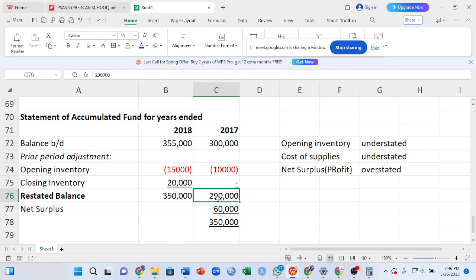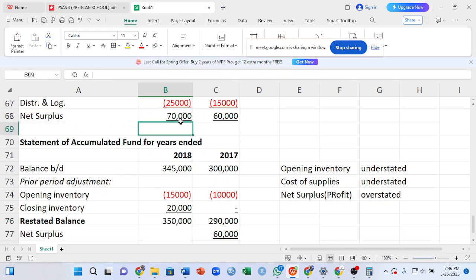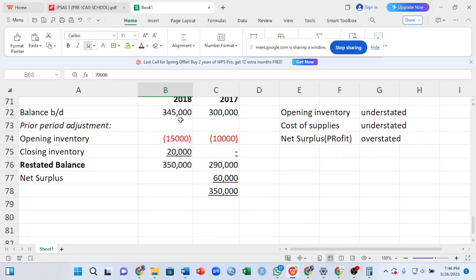Did you get it? So 290 plus the 55 will rather give us what? 345. And when we add, that will give us the 350 back, right? Yes. Then we bring the 70 here.